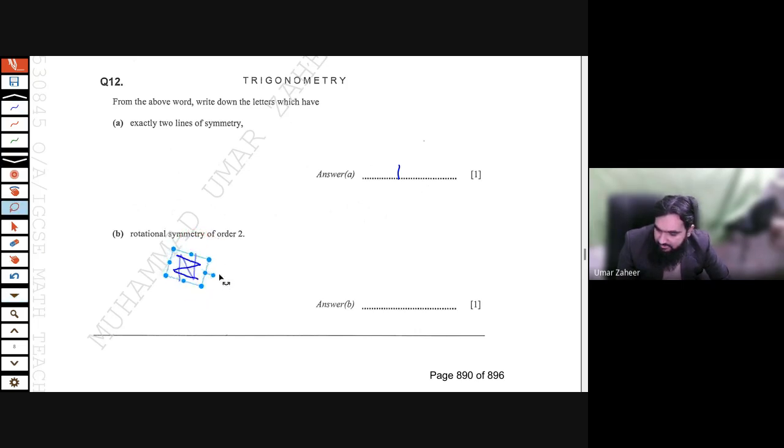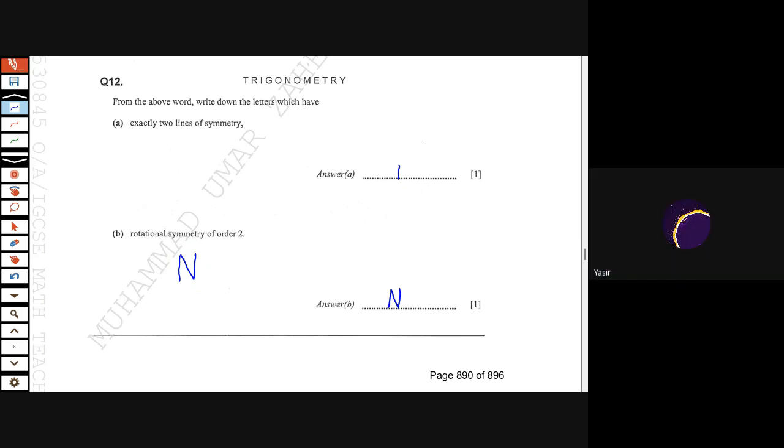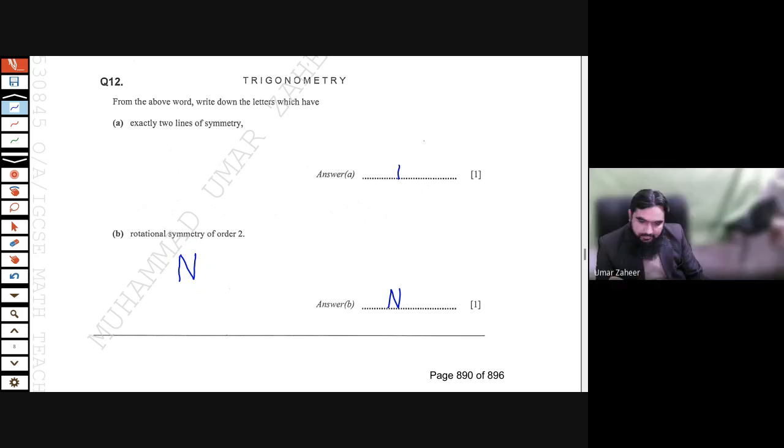Let's rotate it. It's 1 and then 2. Is there any other alphabet? I? No, obviously not. Because if you rotate it, it will be 1. Oh, yeah.